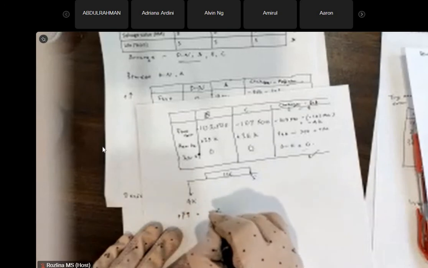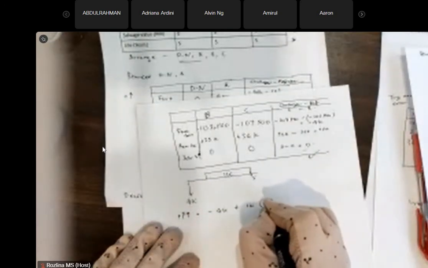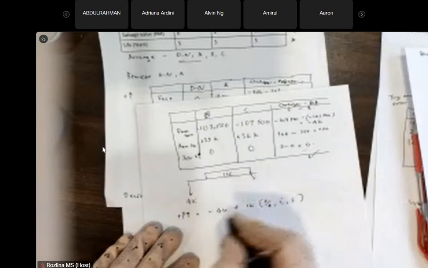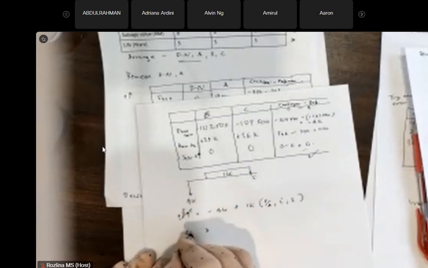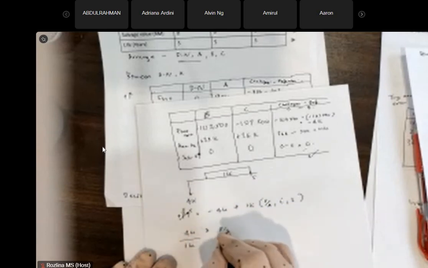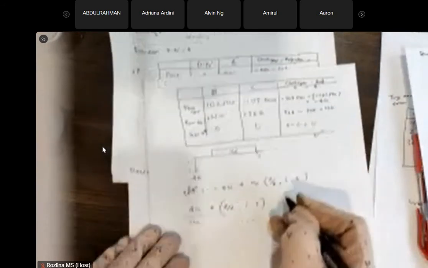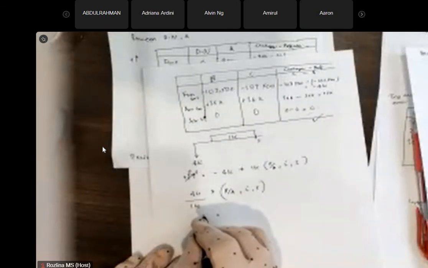So you have negative 4K plus 1K P over A, i, 5. Assuming this one is 0, bring the 4K here, so positive 4K, and then divide by 1K P over A, i, 5. Refer to table for this one, you get 4.